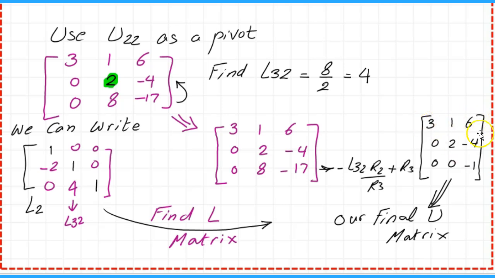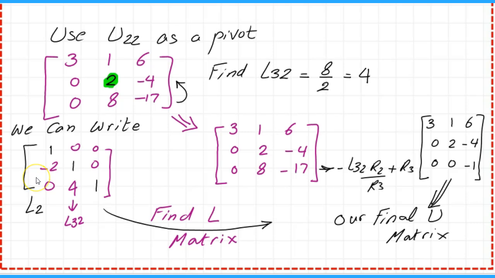At the end, we get this matrix as the U matrix, as we can see, for which U11, U12, U13 equals A11, A12, A13. Here is this one.